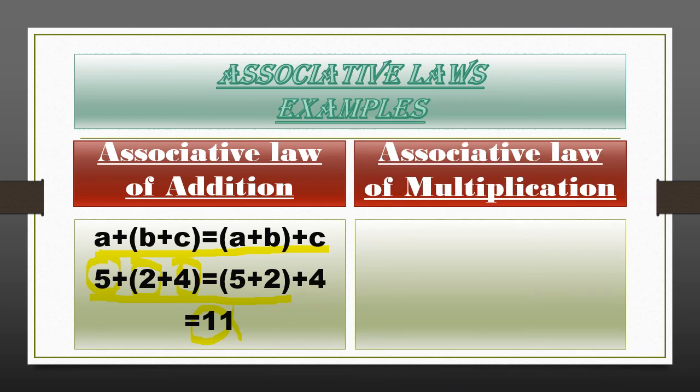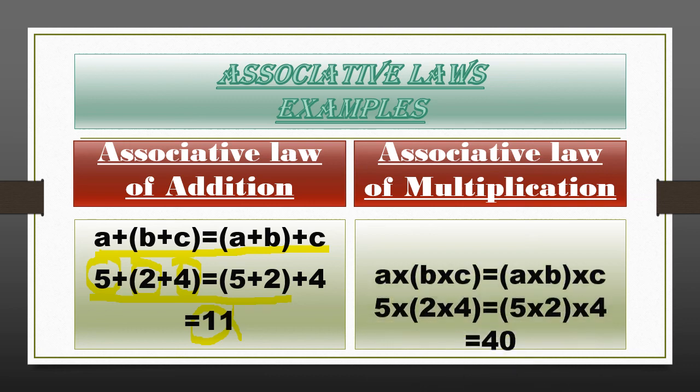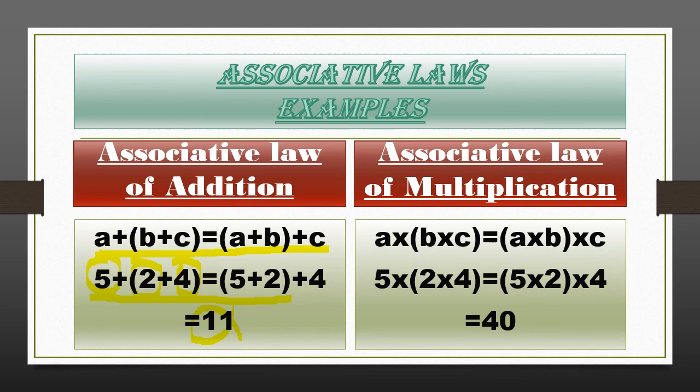Here is the example of the associative law of multiplication. Let's assume that A, B and C are three numbers. Then A multiplied by (B multiplied by C) is equal to (A multiplied by B), then multiplied by C. Now let A be 5, B be 2, C be 4.